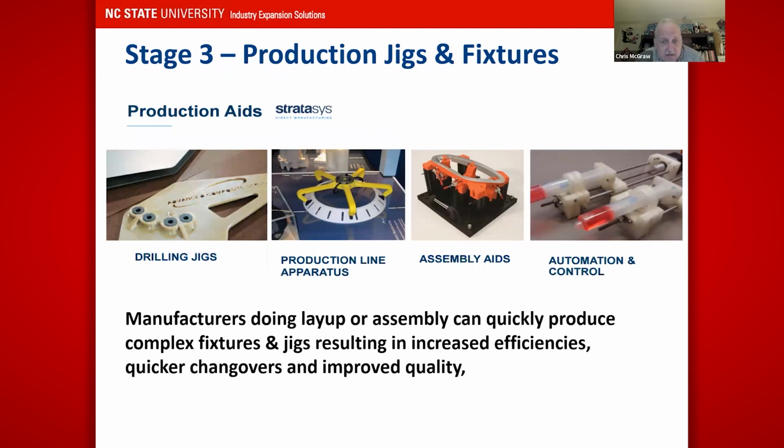Jigs and fixtures, lots of opportunities here. You can see drilling jigs, assembly aids, lots of different opportunities. It can make things that are complex simpler, like where to put bolts, where to put drills, and look at better efficiency. We can really do quick changeover type applications, and use it for quality guides and quality checks as well.